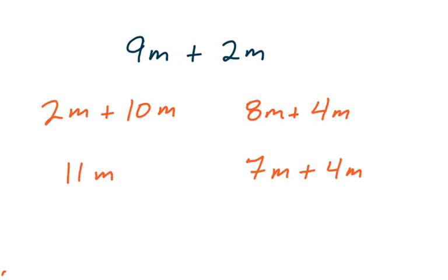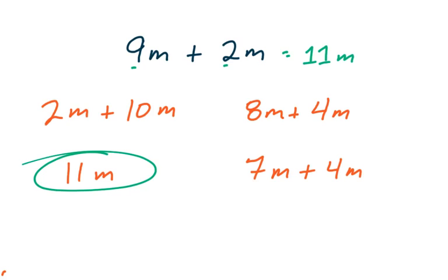Let's take a look at this one now. If we think about this, 9 plus 2, that would be 11 total m's, wouldn't it, if we add them together? Well, let's see if we have any 11 m's. Well, obviously we've got one right there. Let's see, together, this 2 plus this 10 would equal 12m.